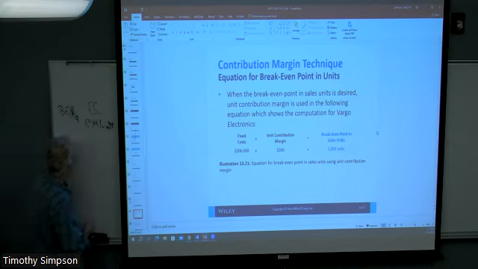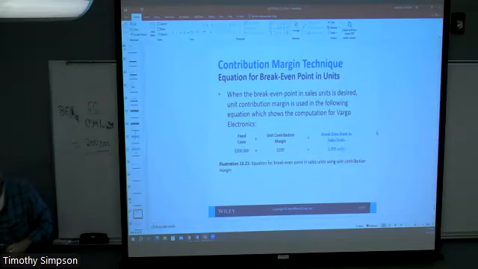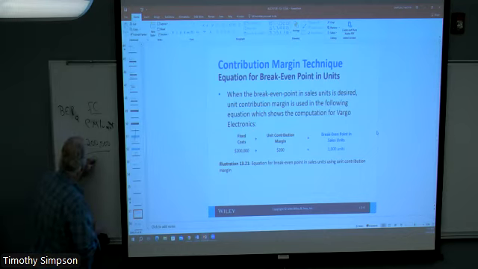And so we just do the math here. In this example, we had 200,000 divided by the contribution margin, which was 200. And we reduce that and we get to 1,000 units. It's a quantity of 1,000 units. So that's the break-even point in terms of quantity.